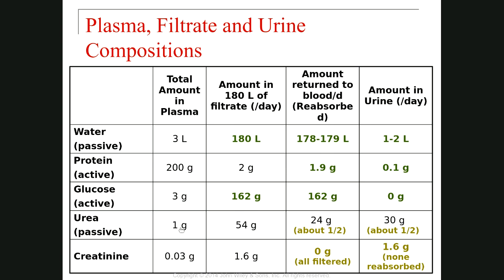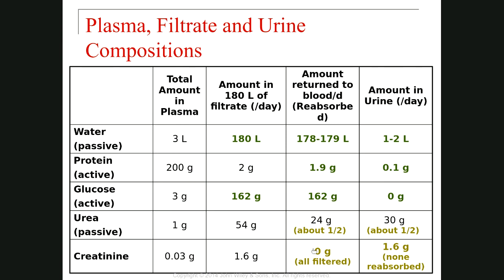The amount of urea in our plasma is about 1 gram. During the day, 54 grams of urea become filtered, 24 grams become reabsorbed, and 30 grams are present in the urine. And for creatinine, we have 0.03 grams in plasma, 1.6 grams become filtered, nothing becomes reabsorbed, and all of it can be seen in the urine.